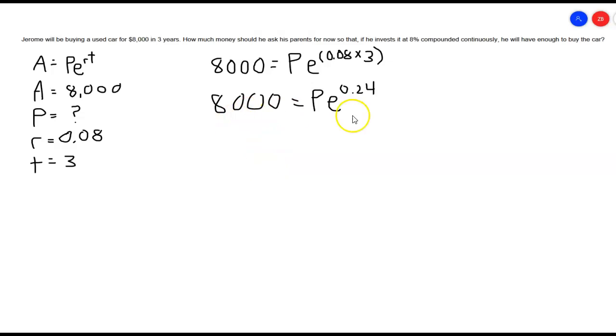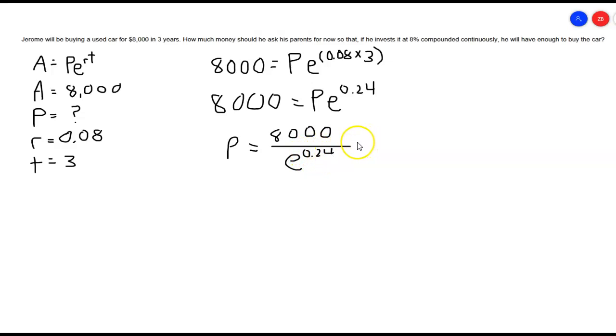All right, and then e to the 0.24, that's going to be some constant. So I'm going to divide each side by that. So my principal is going to be 8,000 divided by whatever e to the 0.24 is.